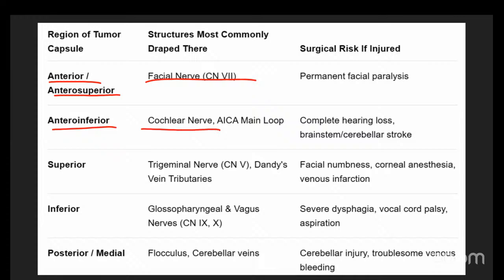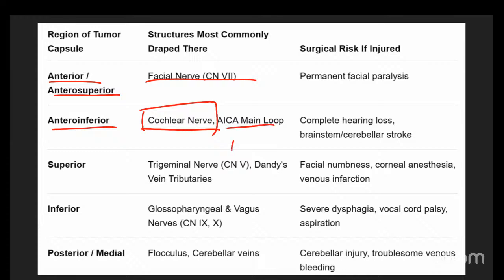Anterior inferiorly, we are going to find the cochlear nerve, because the vestibular schwannoma, as apparent from the name, is usually involving the vestibular nerve, the vestibular segment. The cochlear nerve is going to get pushed inferiorly. Sometimes anterior inferiorly, mostly inferiorly. Usually, you're also going to find the main loop of AICA here as well.